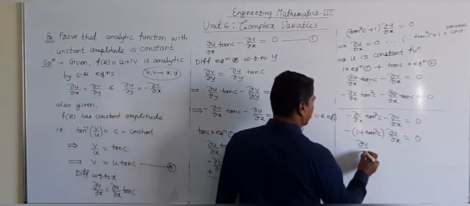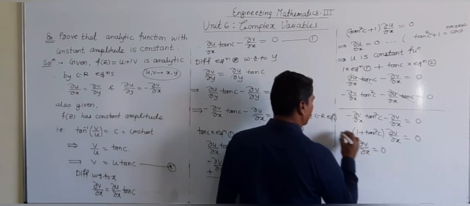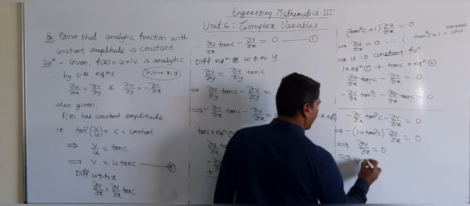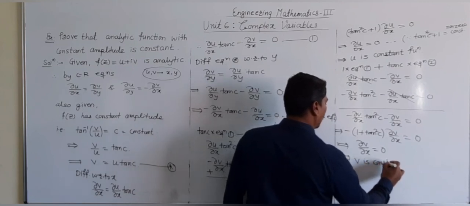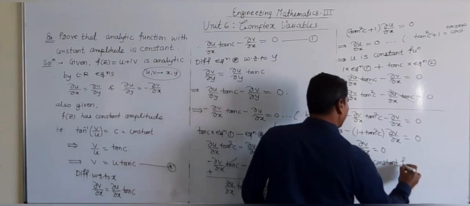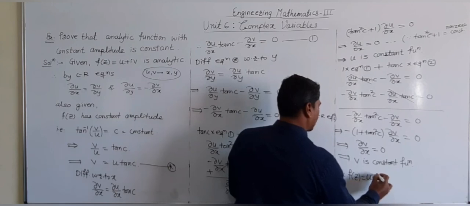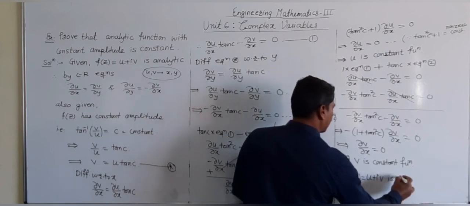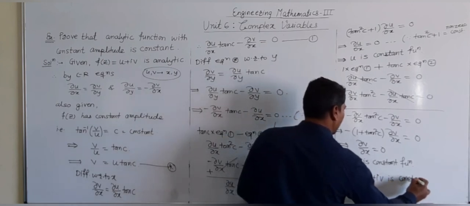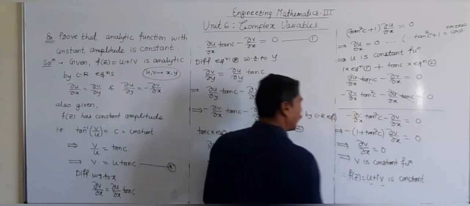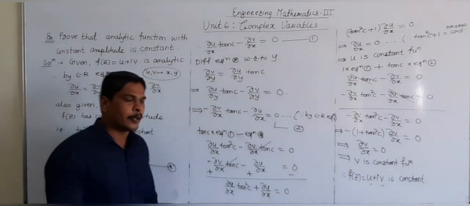That means we get partial derivative of phi with respect to x is equal to 0. So this implies phi is a constant function, and therefore f of z is equal to u plus iv is constant, because both u and v are constant.